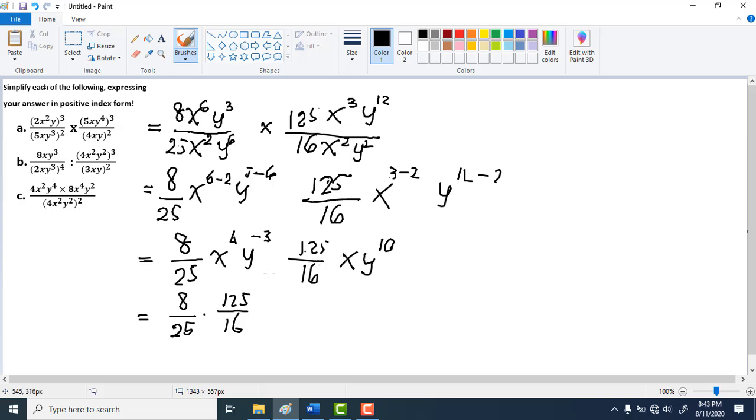The first law of indices becomes addition, so it becomes x to the power of 5. 4 plus 1 equals 5, and then y to the power of minus 3 plus 10 equals 7.